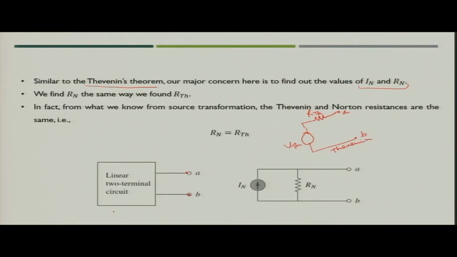Now in the case of Norton's theorem, you change this circuit to a Norton equivalent, which would look like this. Here you have a current source IN in parallel with one resistance RN.